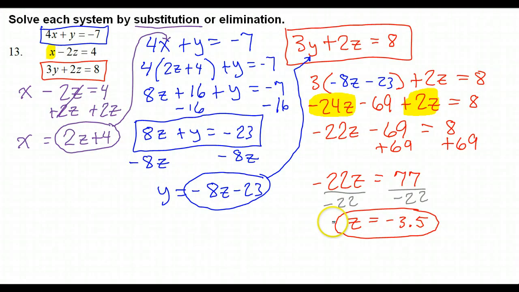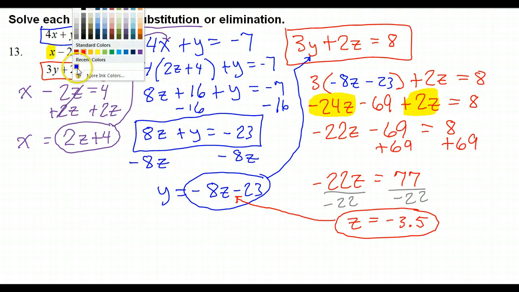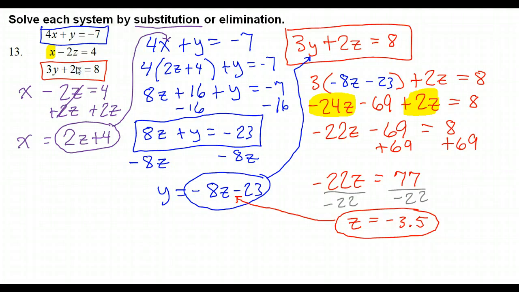Now that I have z, I can take that and plug it in, substitute for z here. So that's going to make y come out to be y equals negative 8 times negative 3.5 minus 23.